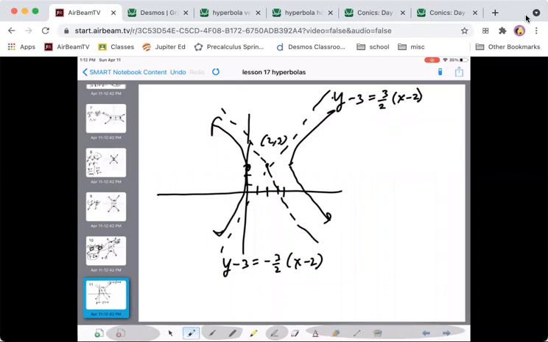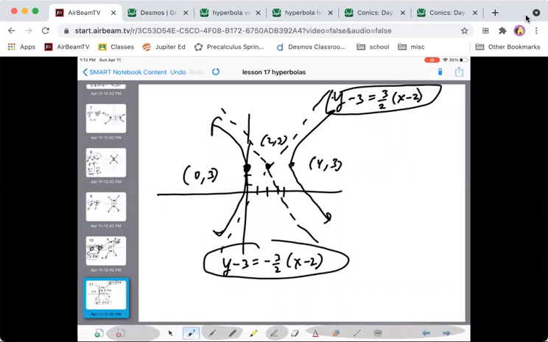Okay, another question I want you to be aware of is one where you're given a graph of a hyperbola. You're told the center, and you can see what the 2 vertices are. We're not given the whole box that helps you see what the other denominator is, but we are given the equations of the asymptotes.